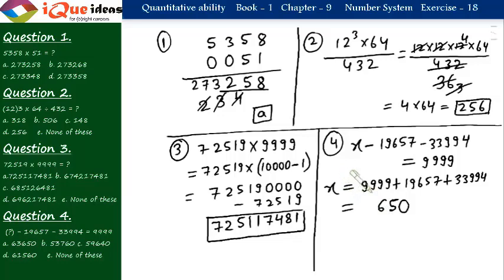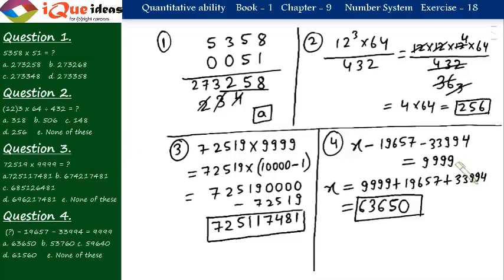Again 2 carry forward. Then last one, 9 plus 9, 18 plus 3, 21. 21 plus 2, 23. So we have 3 here. And we are left with carry forward 2. So 2 plus 1, 3 plus 3, 6. So the answer is 63650, which is again option number A. Alright.